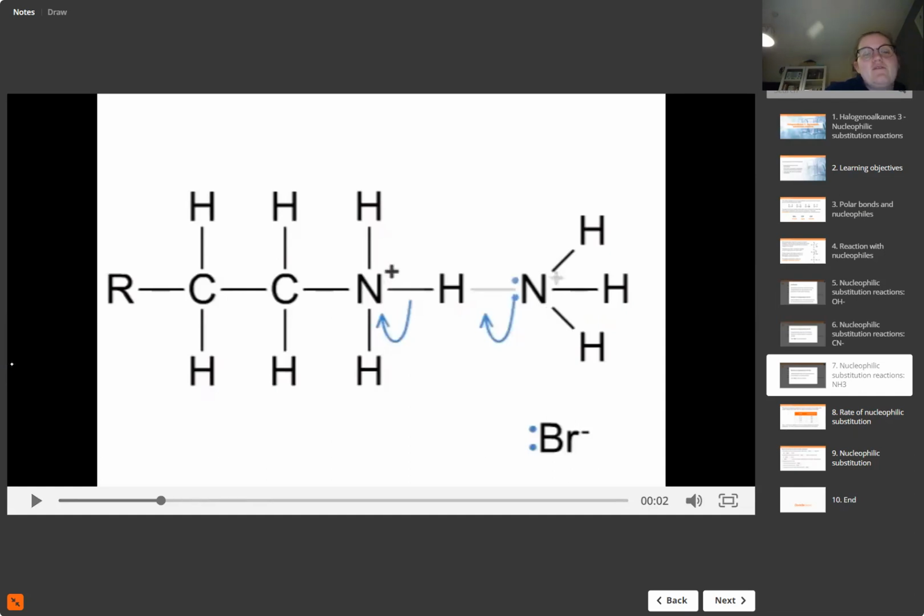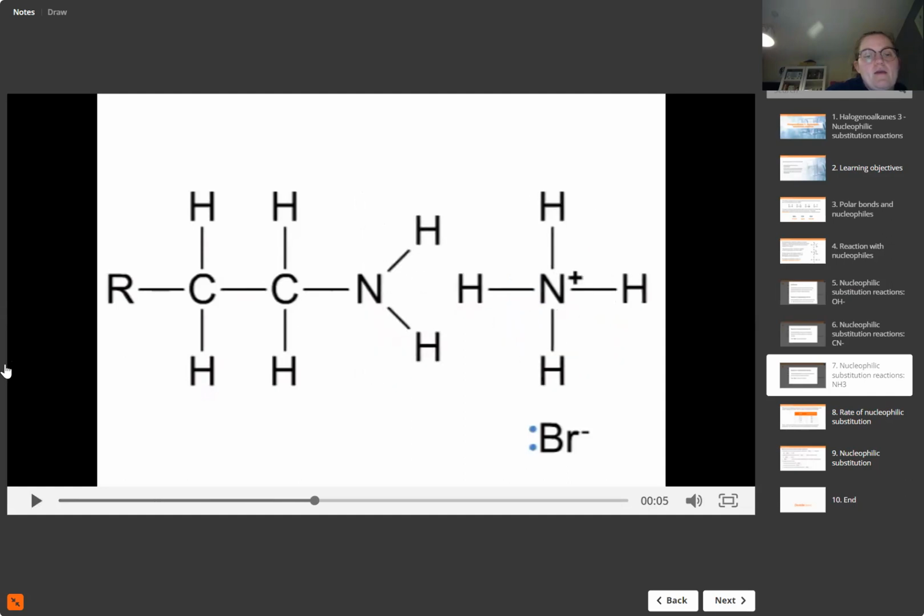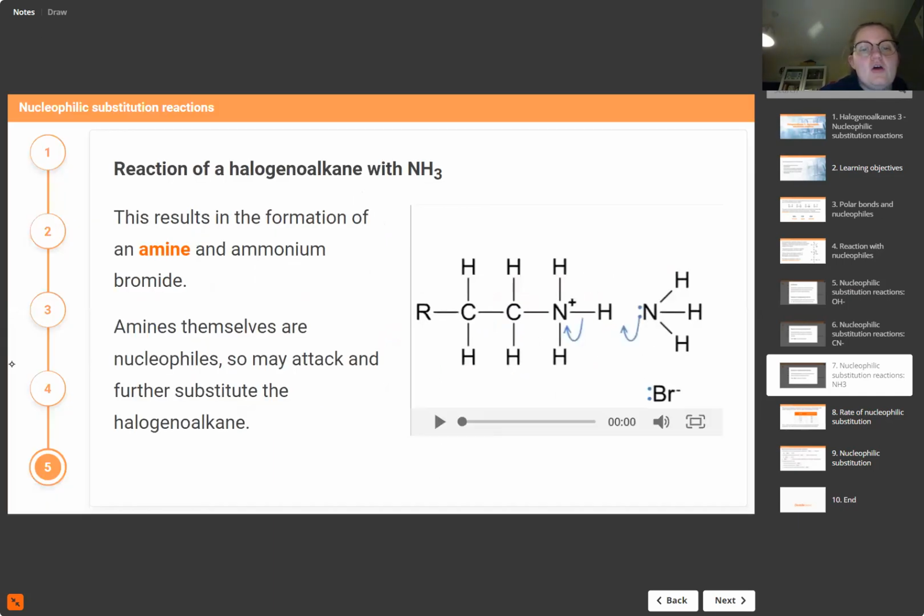The bond breaks between the nitrogen and the hydrogen here and forms between the hydrogen and the nitrogen on the other ammonia molecule. This results in the formation of an amine. Amines are nucleophiles, so they may attack and further substitute the halogenoalkane, and then that can obviously keep going on and on and on.